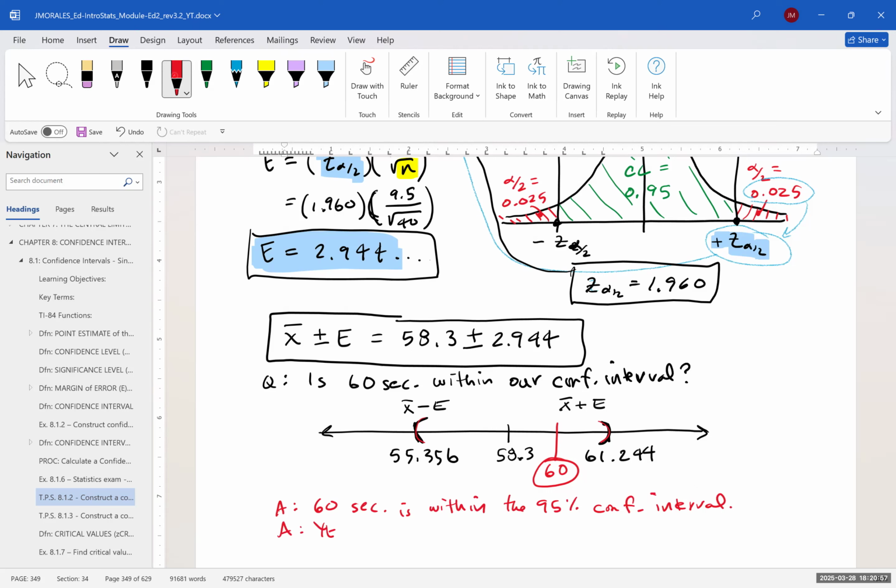So yes, the estimates have a mean which is reasonably close to 60 seconds.